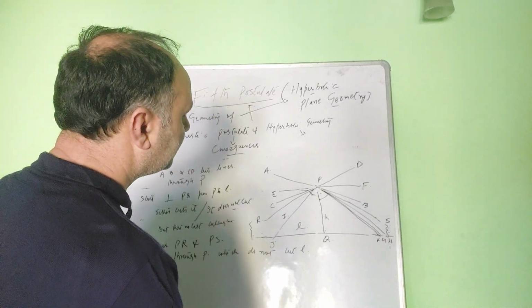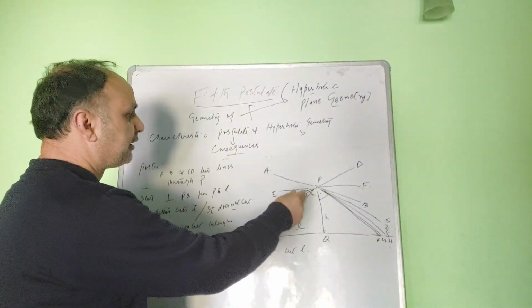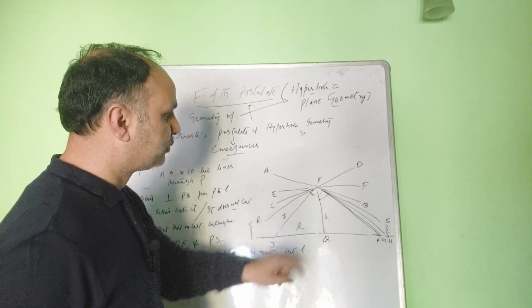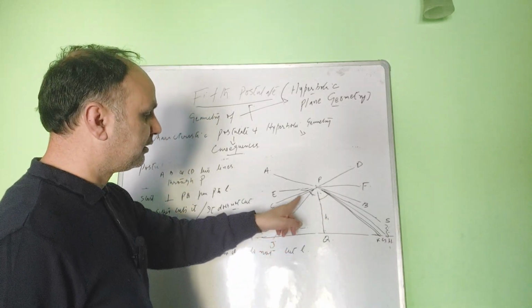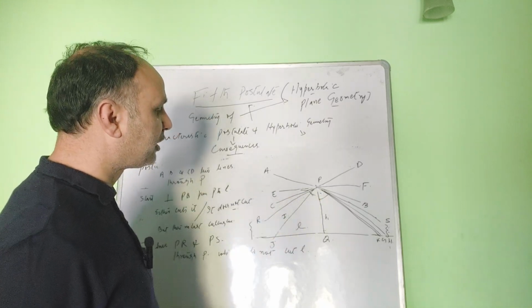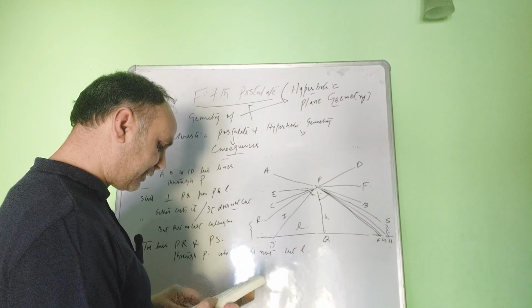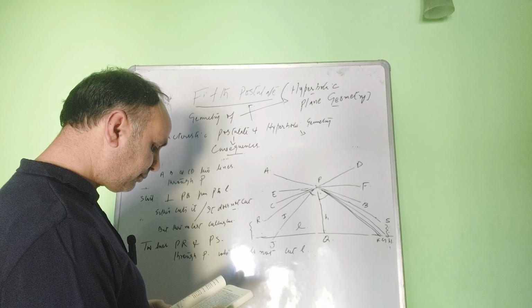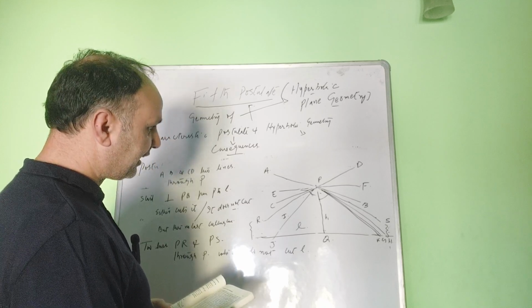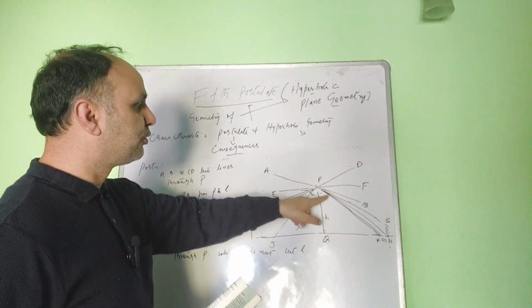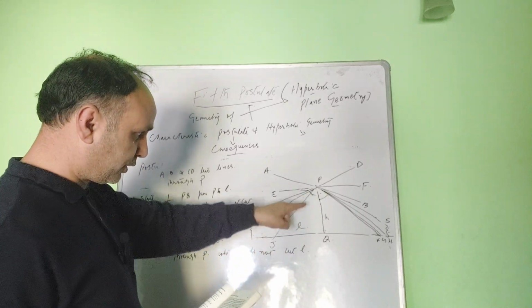So the point is that if you assume that these two angles are not equal, so that one is less than the other, this will lead to some sort of contradiction. The contradiction will be of the form that PS does not intersect L. If the angles are not equal, you will not be able to form a congruent triangle.